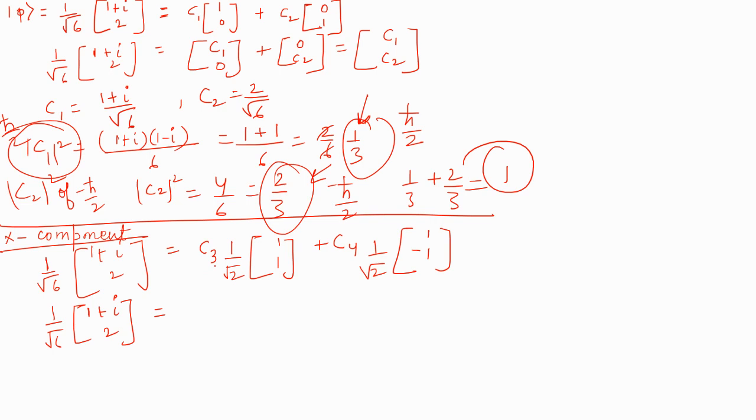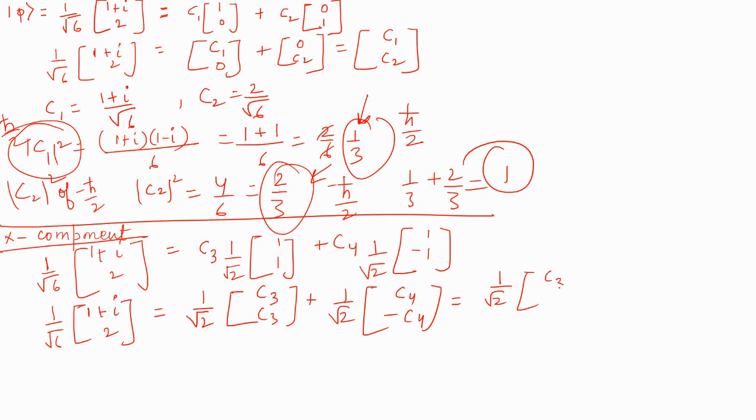Do it with me, so that if there is any calculation mistake, you can inform me. And 1 upon root 2, (C4, minus C4). This will be 1 upon root 2, (C3 plus C4, C3 minus C4).